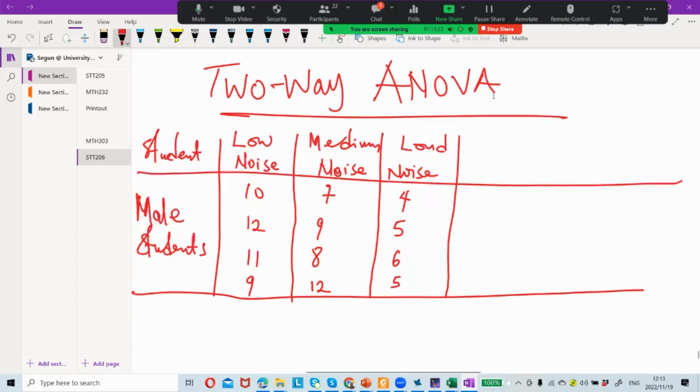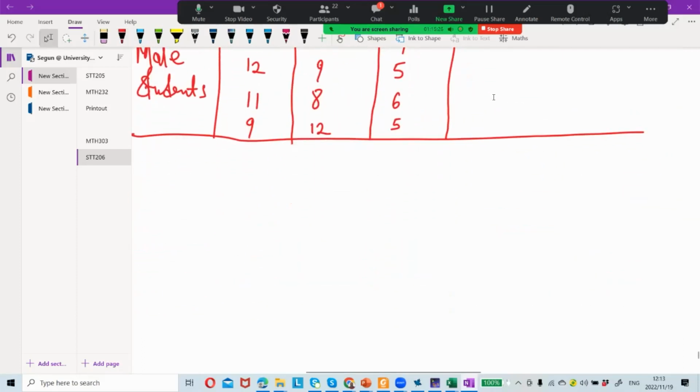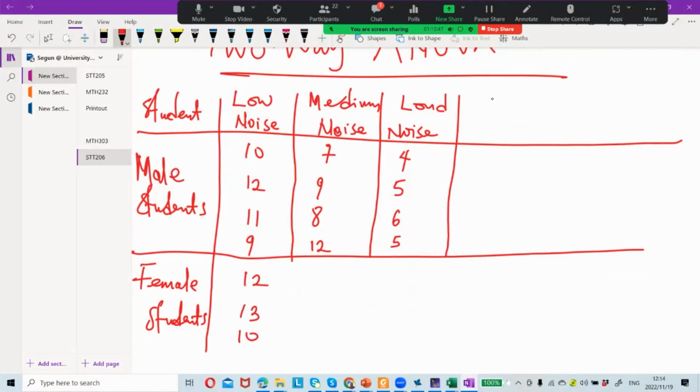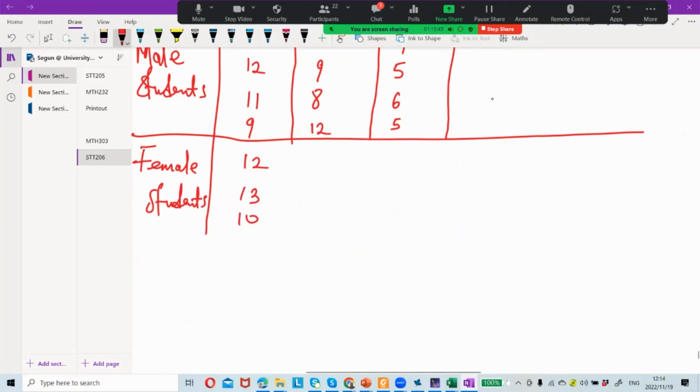Now let's look at the female aspect of it. For the female students, we have 12, 13, 10, 13.